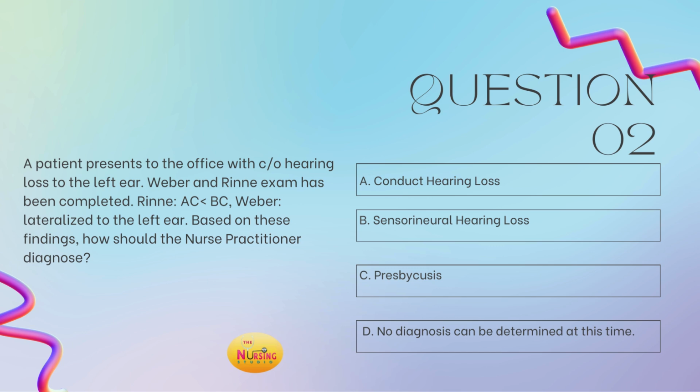That is a conductive hearing loss, okay? So conductive hearing loss. With conductive hearing loss, bone conduction will be greater than air conduction, but also with conductive hearing loss, the sound will lateralize to the ear that the patient is complaining of, the ear that is affected, right? And I'll add my video where I teach on it and give you mnemonics and things to recall that.